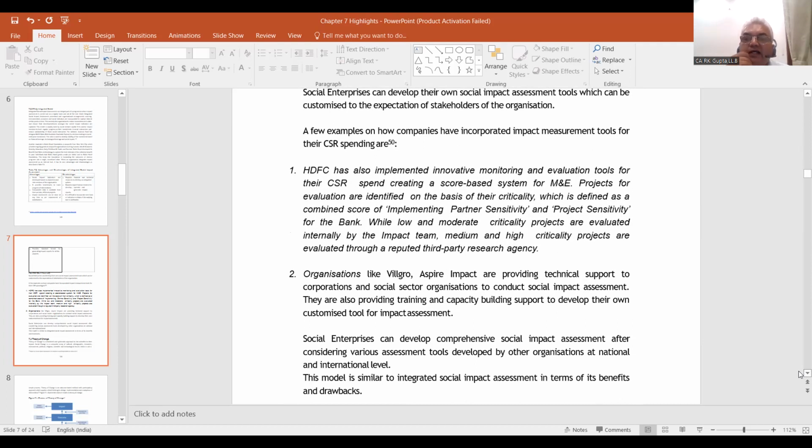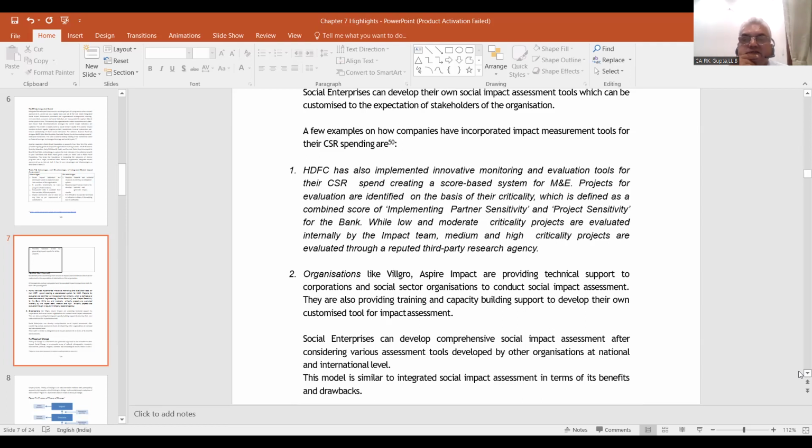Projects for evaluation are identified on the basis of their criticality, which is defined as a combined score of implementing partner sensitivity and project sensitivity for the bank. So while low and moderate criticality projects are evaluated internally, medium and high criticality projects are evaluated through a reputed third-party research agency.